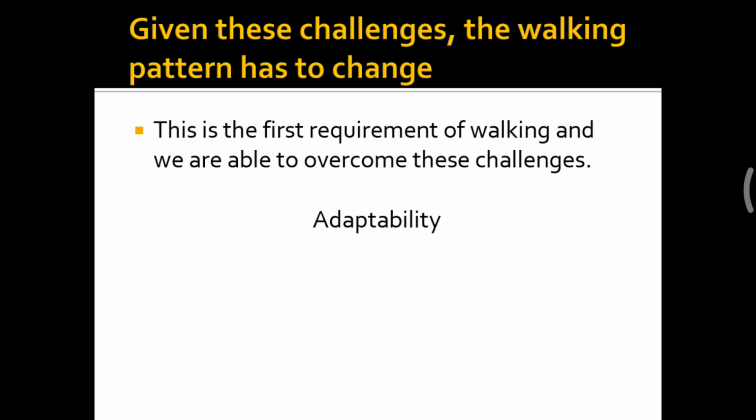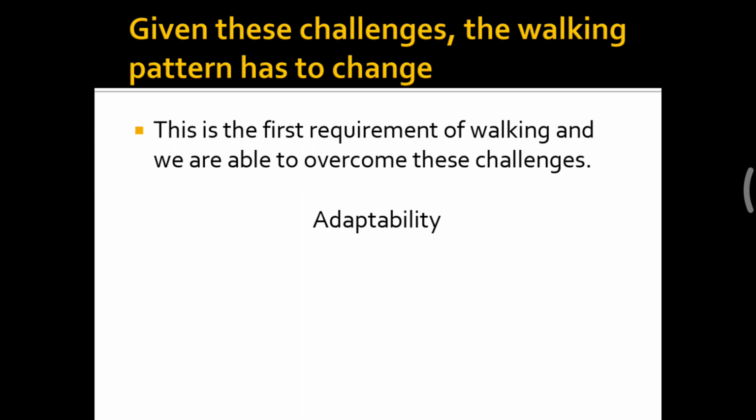Now, given these challenges, the walking pattern has to change. You cannot walk the same way when each of these environmental conditions comes. So, for example, how you walk on a flat surface is not the same as how you walk over a ramp or a hilly surface. So the manner in which you walk needs to change.